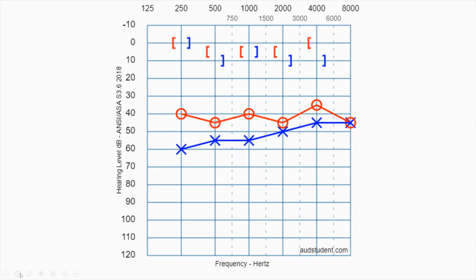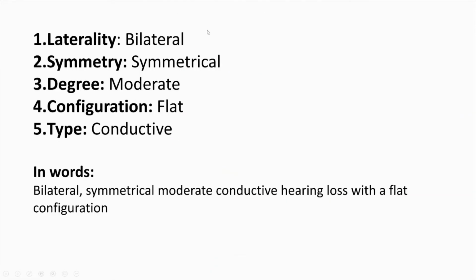So for simplicity's sake, on that audiogram, we've got bilateral as our laterality. It is symmetrical, moderate, flat, and a conductive type hearing loss. To put that in words, it's a bilateral, symmetrical, moderate conductive hearing loss with a flat configuration. Easy, right? Let's try something a little bit harder.